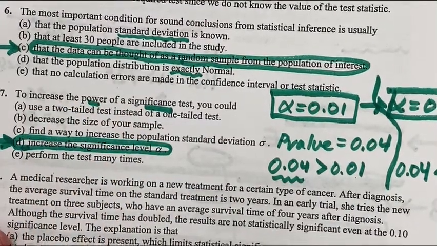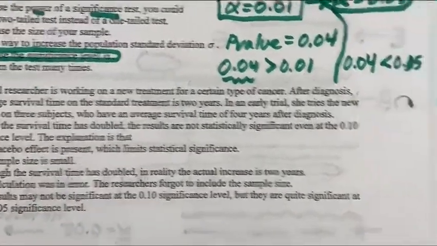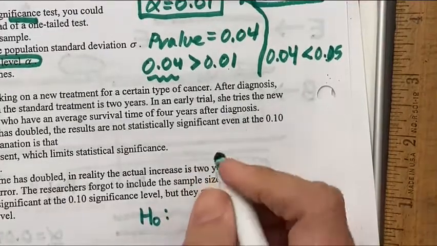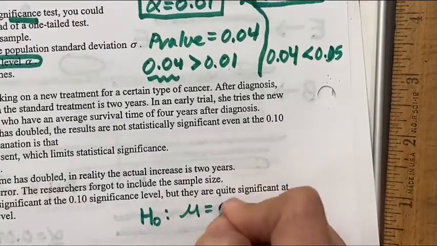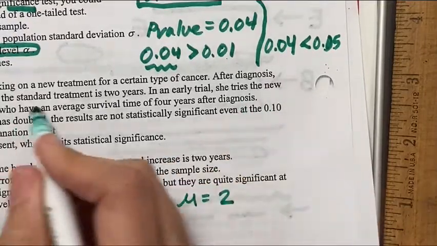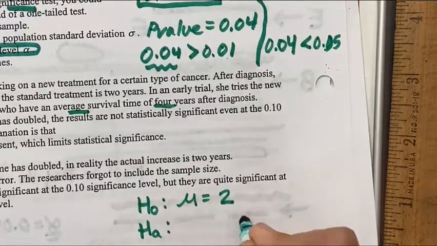Okay, that was fun. Last one, a medical worker is working on a new treatment of cancer. After diagnosis, the average survival time is 2. In early stages, she tries treatment on 3 subjects. Their average was 4. Okay, so I can't put 4 though.